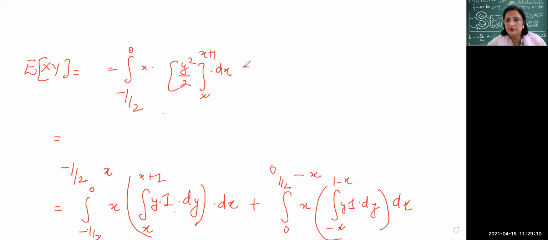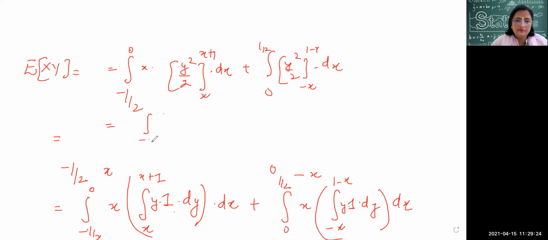अभी सिर्फ y जो है वो evaluate होगा. ठीक है जी. Then 0 to 1/2, again y square by 2. You will have -x to 1 minus x into dx. So when you will solve it, let us solve it. -1 to 0 x into, this is x plus 1. 1/2 तो आप बाहर ही निकाल लीजिए सीधा ही. ठीक है. x plus 1 whole square minus x square into dx.